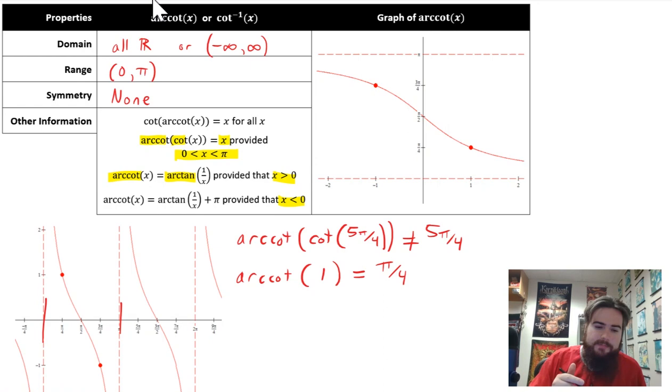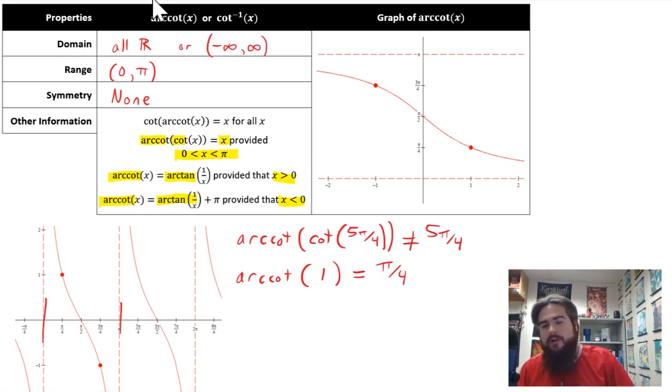So, technically, if you want to try to evaluate arccotangent of x, where x is negative, meaning we expect something in quadrant 2 of the unit circle, you can still apply arctangent of 1 over x, but keep in mind that arctangent will not give you an angle measure in the right region.